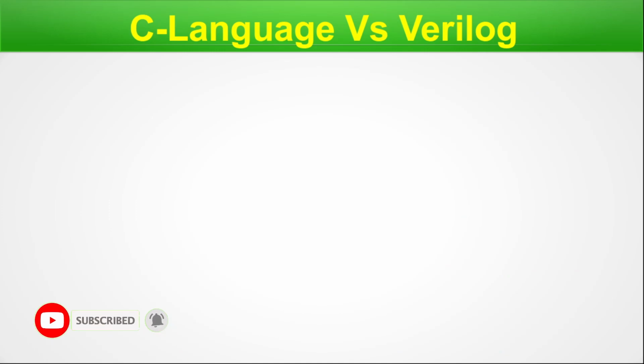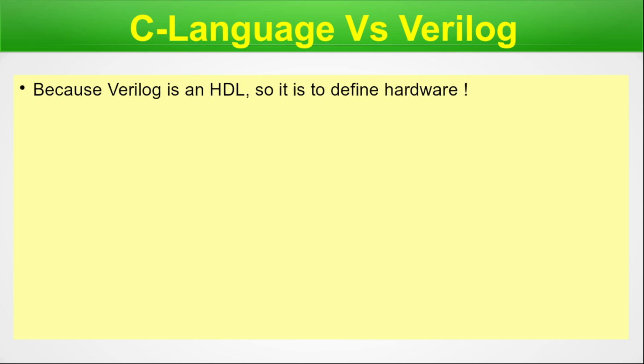C language versus Verilog. Generally in colleges, you learn your first programming language as a C language. Now, once you are exposed to Verilog, you will find a lot of similarity between the two. And the immediate pitfall for you is you start to correlate both of them. Stop doing that because these two are not the same. The reasons are, because Verilog is a HDL, it is for defining a hardware.